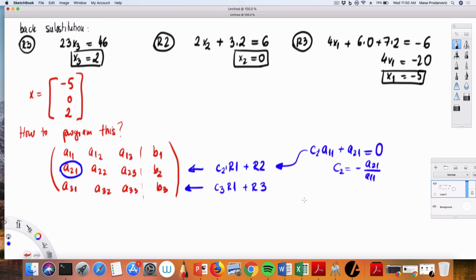That's what I'm designing. That's what I want. So what is C3 then? Do we see a pattern? If I had more rows, I would just keep going. So we'll need to program that with a nice little for loop. Okay? And once we do, then we can solve a 100 by 100 system. Okay? All right.